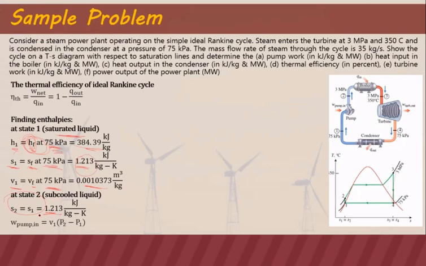Another formula that we can use here is the pump work, since we all know that process 1 to 2 is a pumping process. In process 1 to 2, you have to raise the pressure from 75 kPa to 3 megapascal.